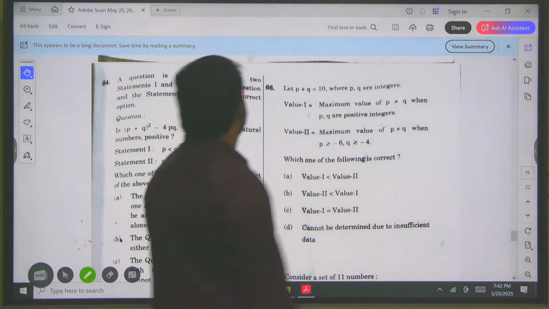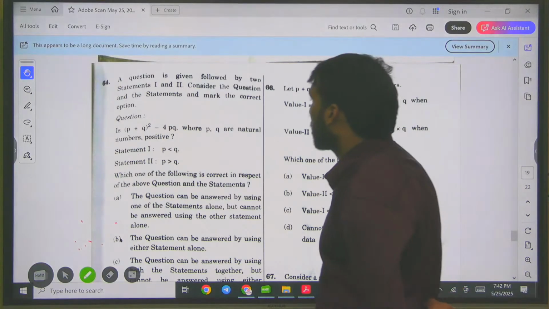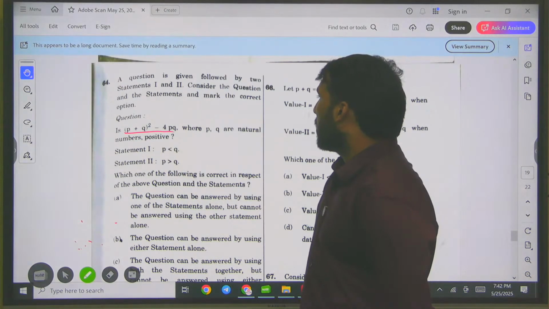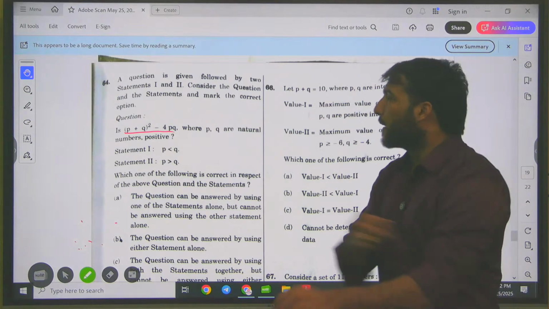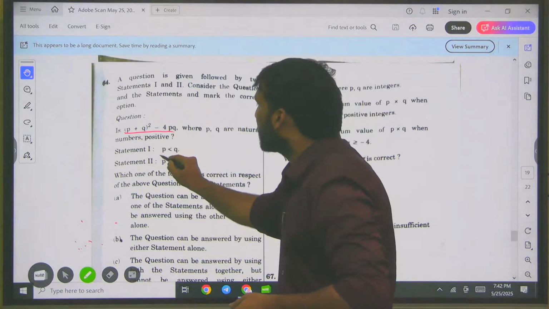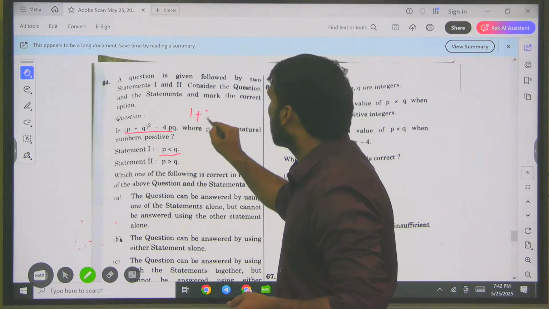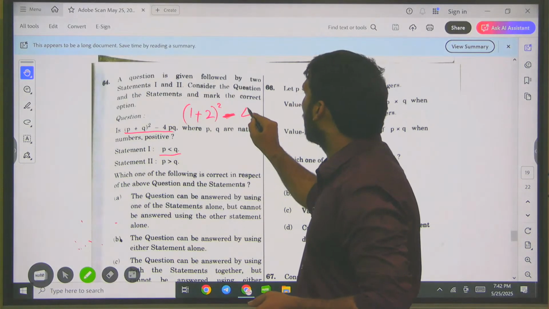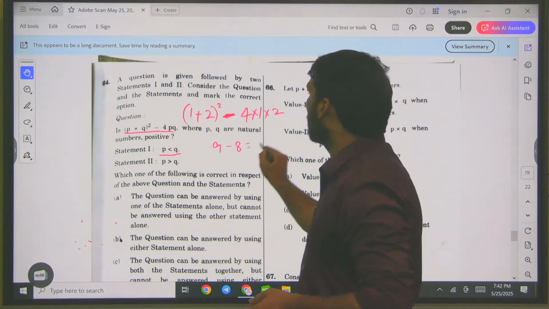A question is given followed by 2 statements, 1 and 2. Mark the correct option. See here, p plus q whole square minus 4pq, where p and q are natural numbers. If I take statement 1, p is less than q, for example 1 and 2, normal values: 9 minus 4 into 1 into 2, 9 minus 8, which is equal to 1.